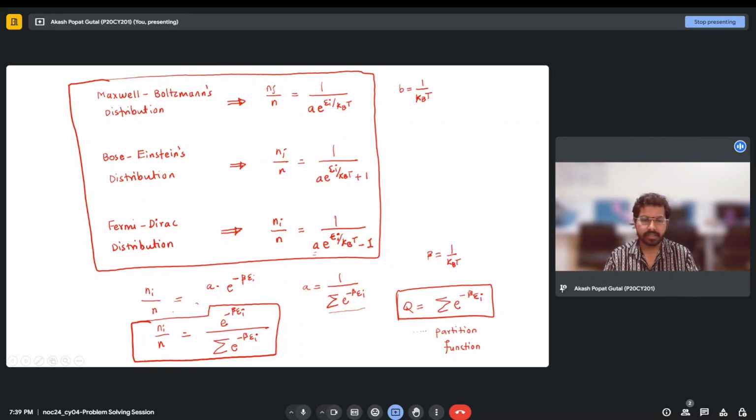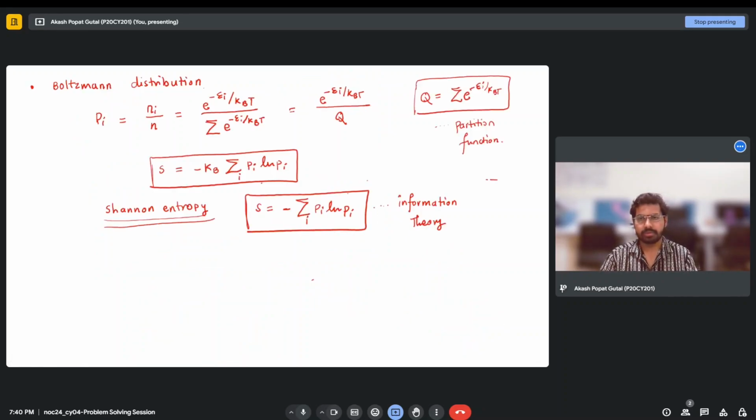Then we defined the concept of the partition function. You should remember the partition function is a very important aspect of statistical thermodynamics, and it is the only thing which relates the classical to the statistical part. We saw the Boltzmann distribution in terms of the partition function.